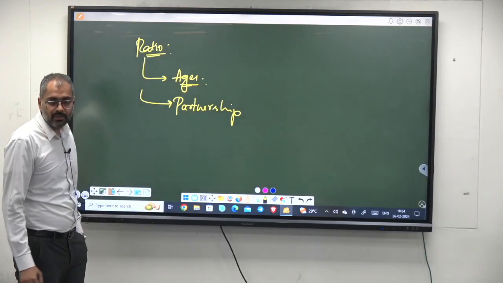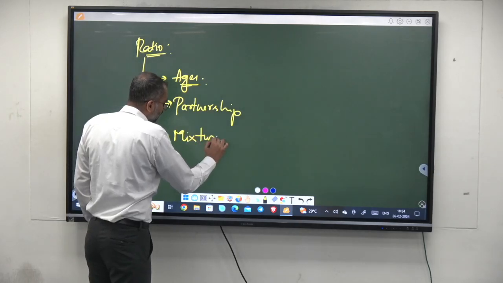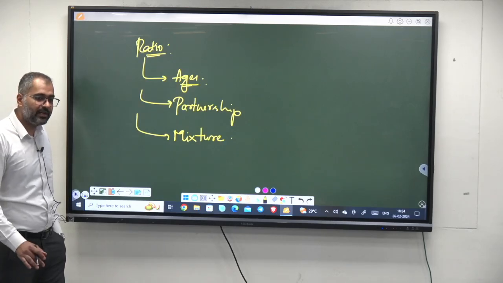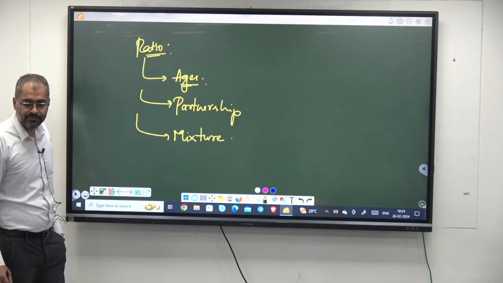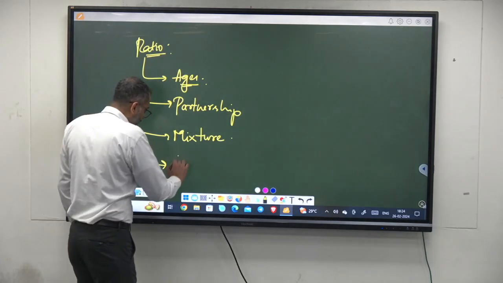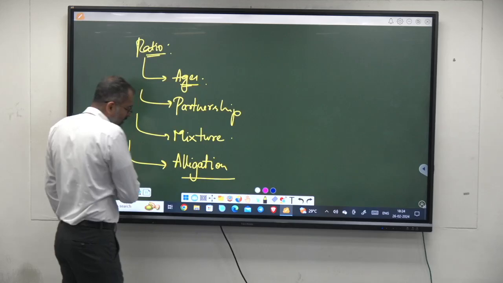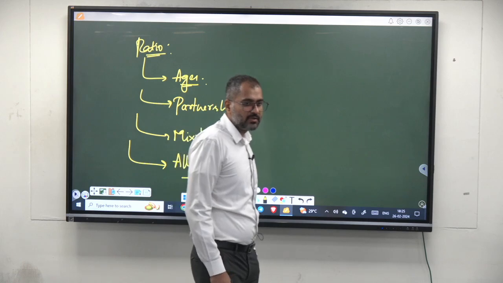Then mixtures: in what proportion or ratio should water be mixed with milk such that when you sell it at 100 rupees or 150, you will earn 20%, 25% profit. And one more technique of solving mixture questions is called alligation. That's also an extension of ratio. So these are the subtopics.